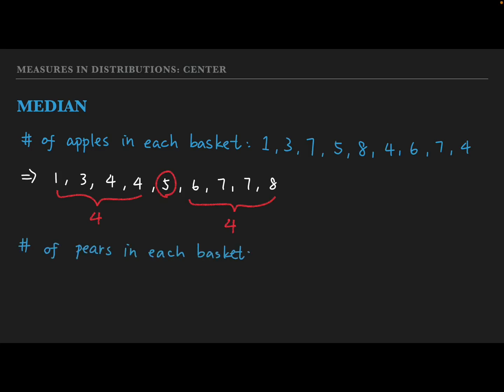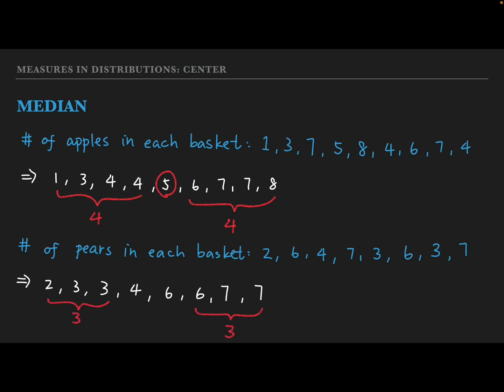However, in the second example, the number of baskets is an even number, so we are left with 2 middle numbers. To determine the median, we take the arithmetic mean of these 2 numbers. Thus, the median is 4 plus 6, then divided by 2, which gives 5.